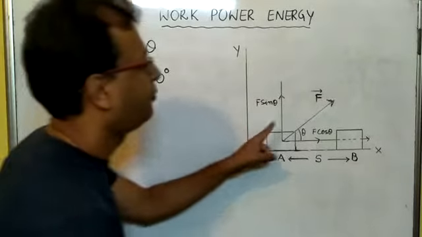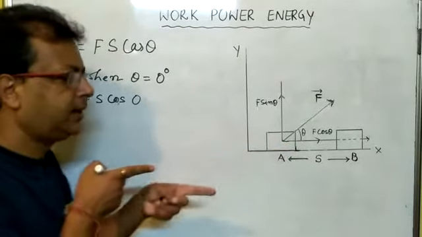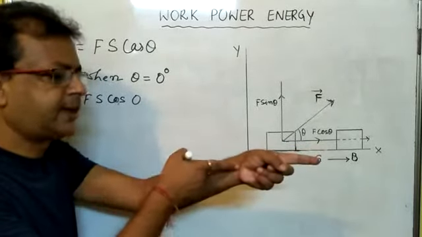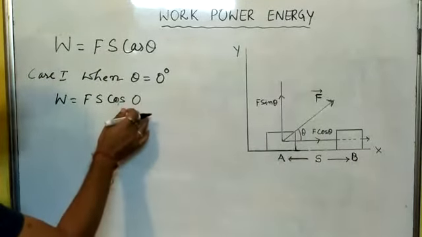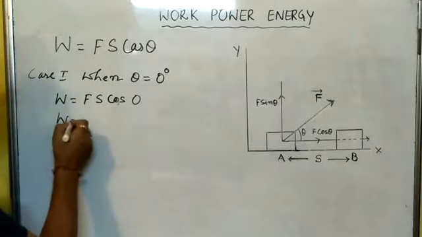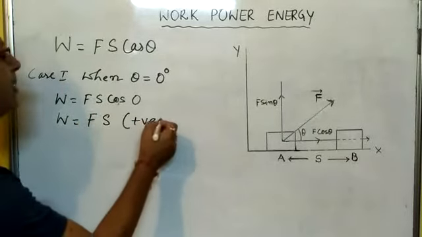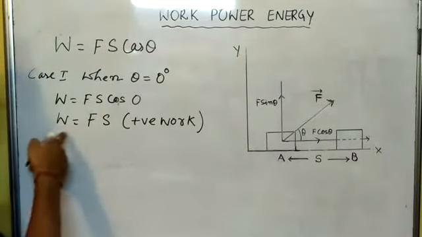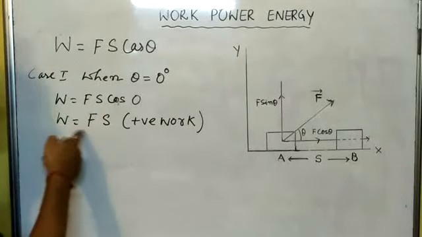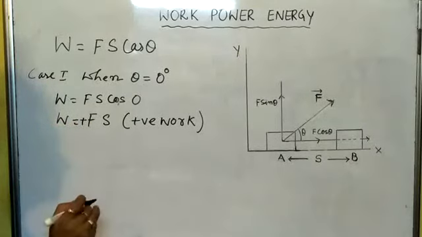That means force and displacement are in the same direction. This is the direction of force, this is the displacement. So, here the angle is 0. What we get is W is equal to F into S. This is called positive work. So, when work is equal to force into displacement, F into S, positive, this is positive work.